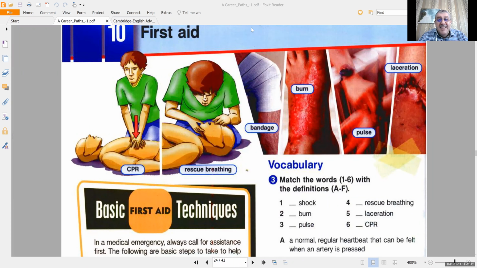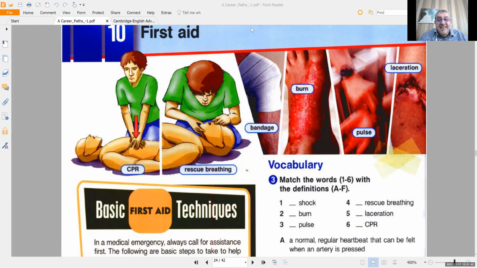Okay. And pulse. Pulse is a normal, regular heartbeat that can be felt when an artery is pressed. So this is A. Rescue breathing. This is E. I made a mistake there. A first aid procedure involving providing air for someone who has stopped breathing but still has a heartbeat.